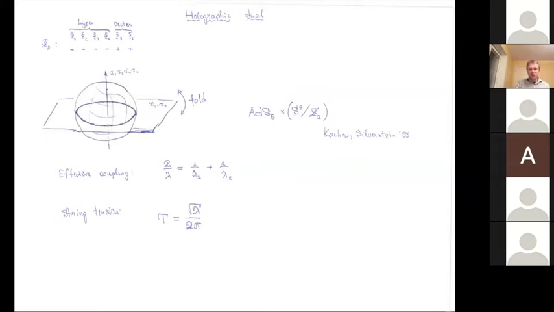So the proposal here is the following. In field theory, we have to treat differently matter fields and gauge fields, and correspondingly their superpartners.